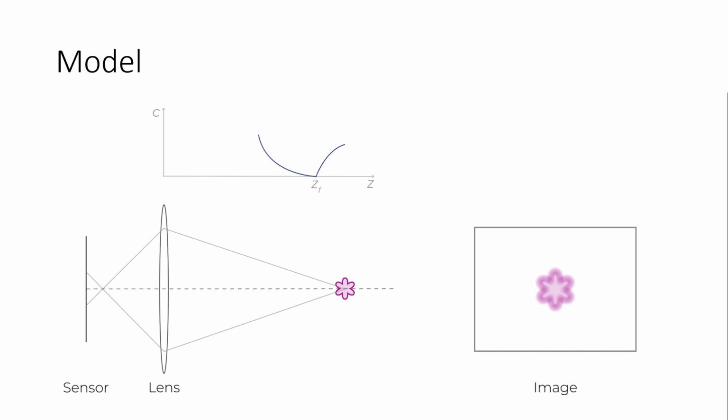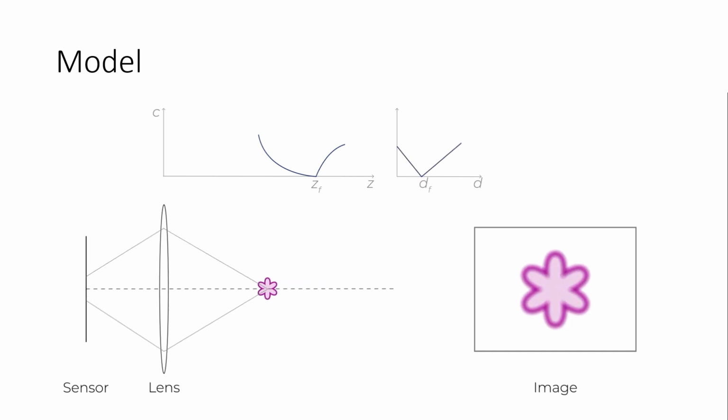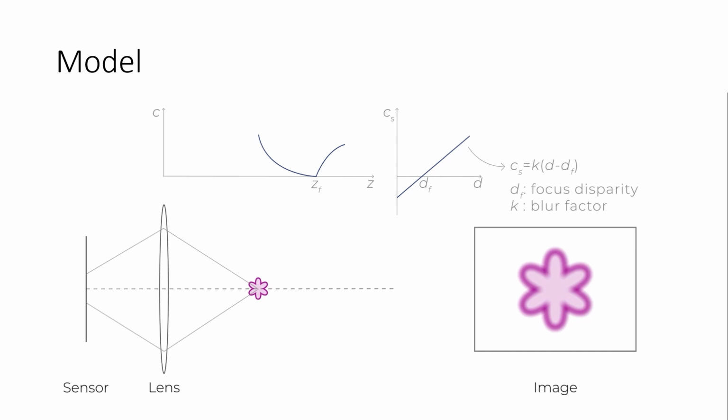If we drew it as a function of the disparity instead, which is 1 over depth, the curve becomes straight, like so, and if we assign a negative defocus to objects further than the focus disparity, we get a linear curve like this. We can thus model the depth of field of a scene using only two parameters, the disparity of focus, and the slope of this curve, which we call the blur factor, equals the size of the aperture times the focal length.